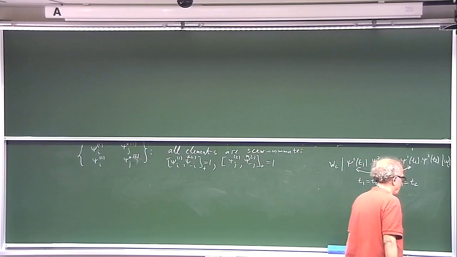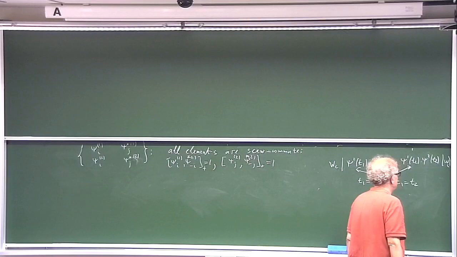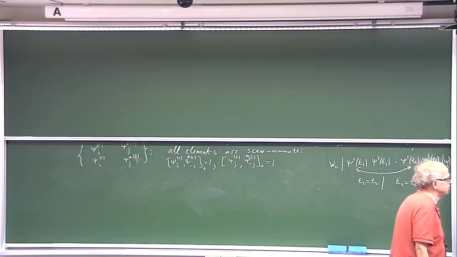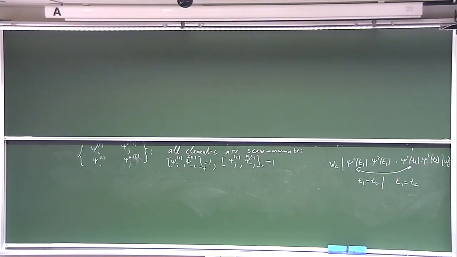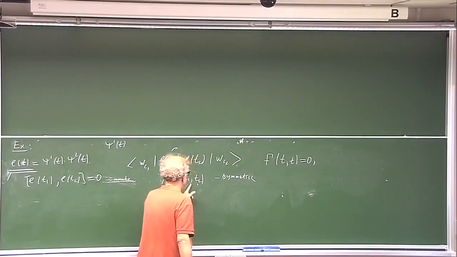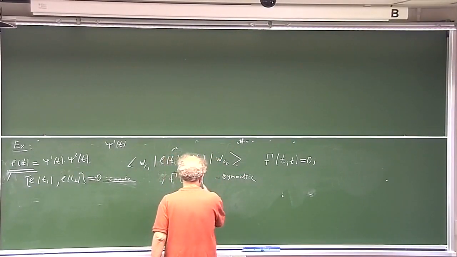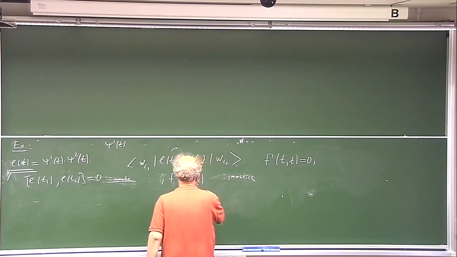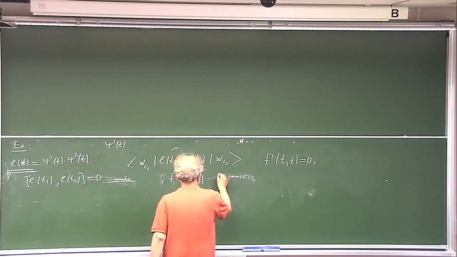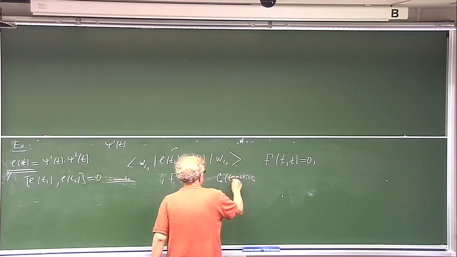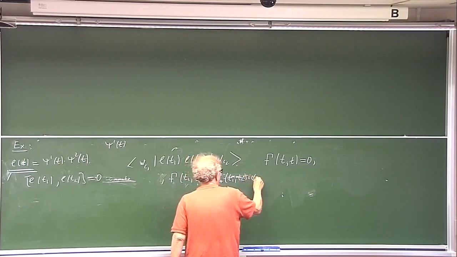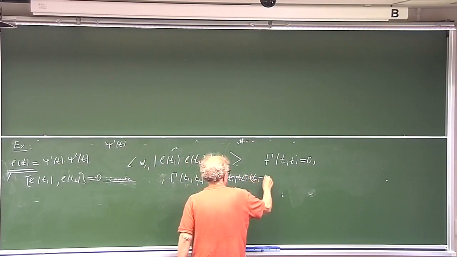Therefore, our result will be a symmetric function which is 0 on the diagonal. And this is what I just said. So it means that this symmetric function has a structure. This is some G, then it is G(t1, t2) times (t1 minus t2) squared.